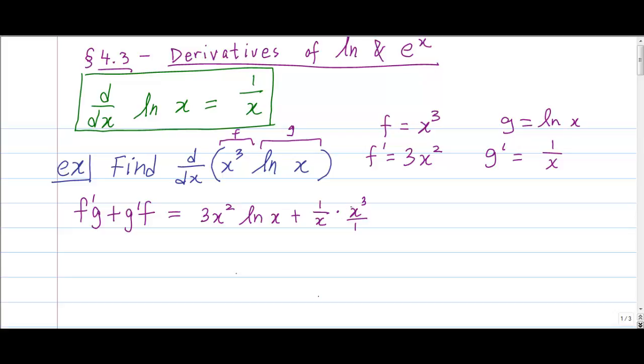When we multiply fractions, we multiply straight across. So we leave this as 3x squared ln x plus x cubed over x, and that becomes just x squared. Right? So x squared. And that is my final answer.